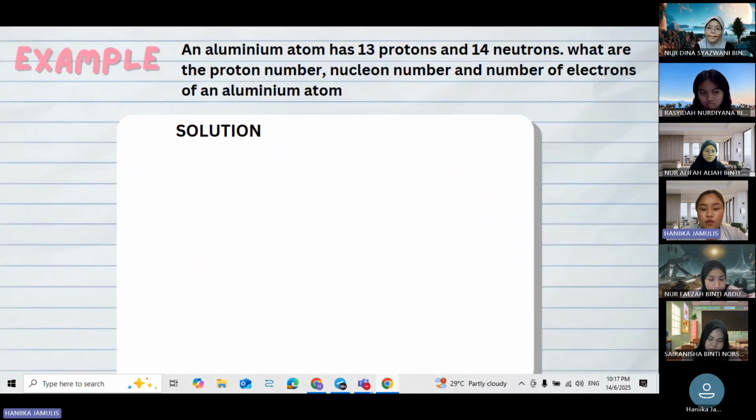So next, we will proceed with an example. Can I have Faiza to read the question? Yes. Okay, the question is an aluminium atom has 13 protons and 14 neutrons. So what are the proton number, the nucleon number, and number of electrons of an aluminium atom?